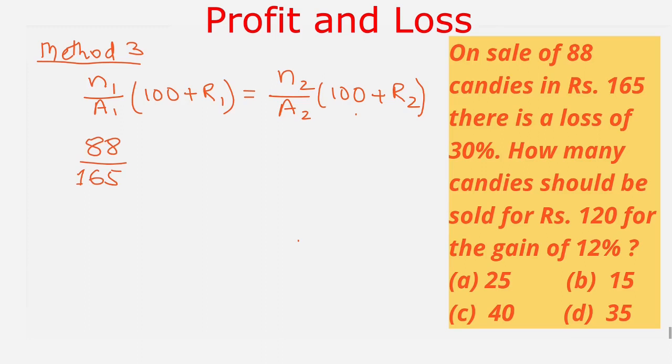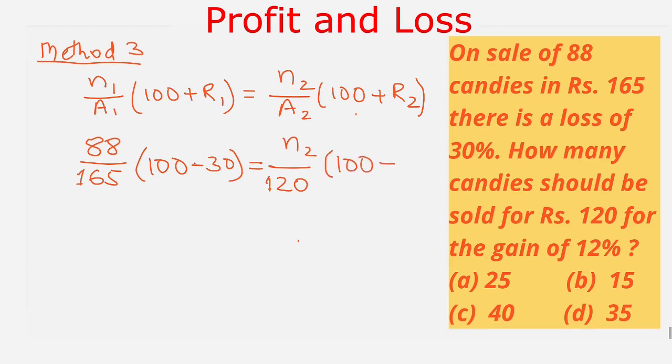We put the values like this. Here N1 is 88 candies and A1 is rupees 165, the cost of 88 candies, and 100 minus or plus R1. R1 is 30% loss. So it is 100 minus 30 as it is loss, equal to N2 is asked to us and amount is rupees 120. We want the quantity to be sold in rupees 120 for a profit of 12%.